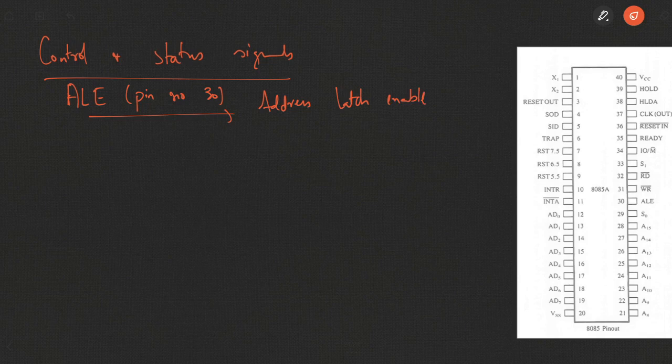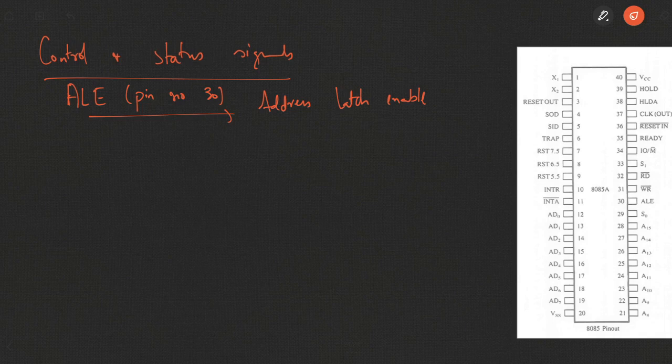Every time the microprocessor begins an operation, the very first thing it needs is to fetch the address of any device. So address latch enable actually enables the address to be fetched. This signal is primarily used to latch the lower order address from the multiplex bus.